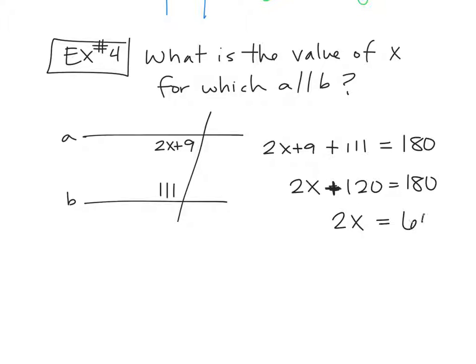So 2x equals 60. Divide by 2. So x would be 30. And for that one, it's just find the value of x. So you don't even need to plug it in to find the other angle, although you could, just to double check your work. Questions on that?